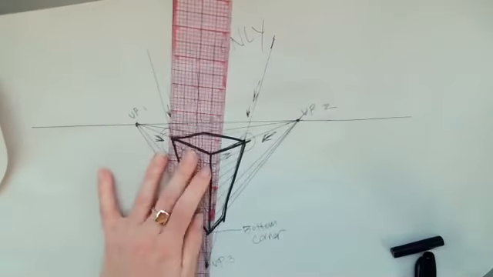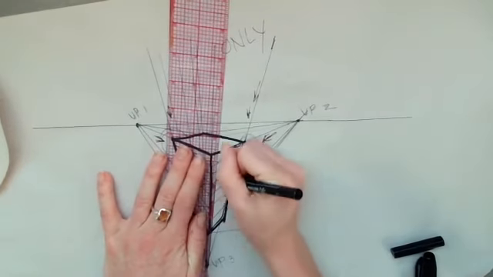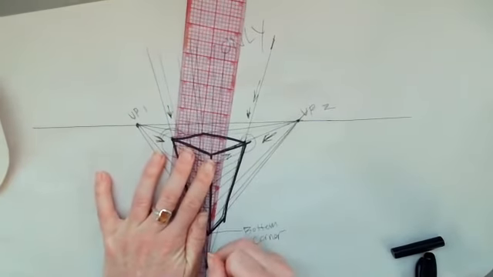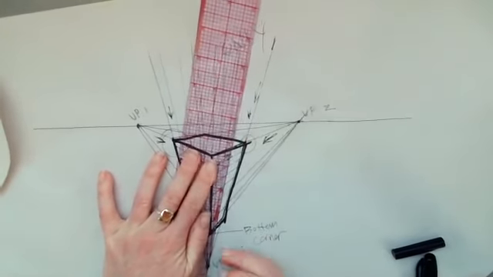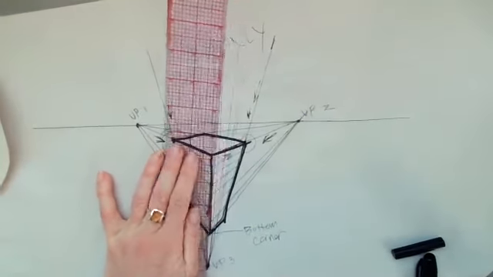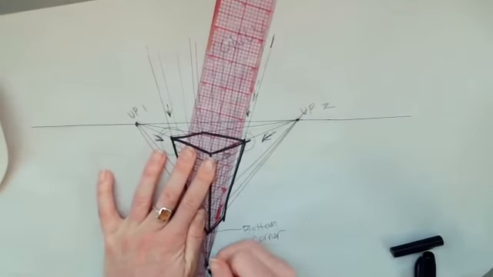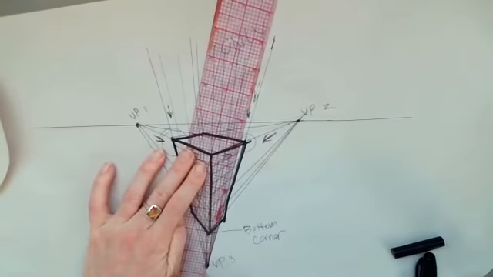Okay, same going this way. I'm just moving my ruler a teeny bit further every time. So I'm still making sure it always connects back to that vanishing point.